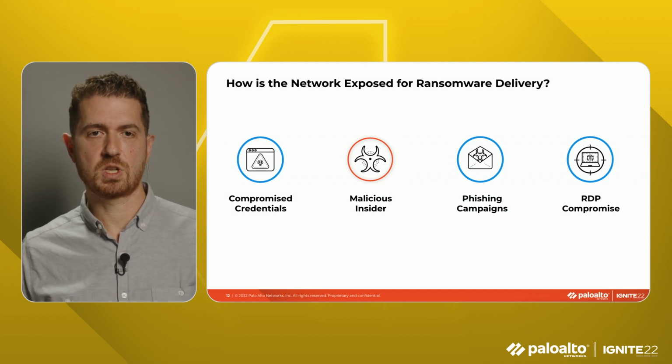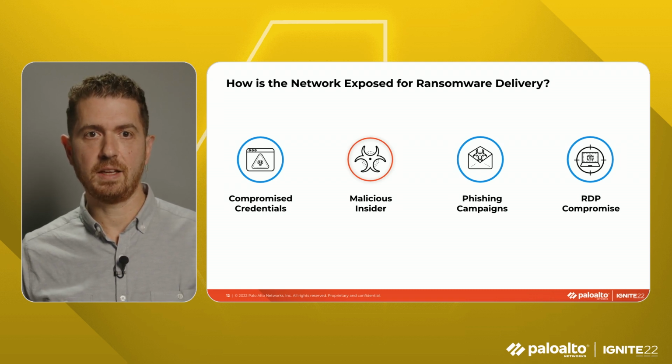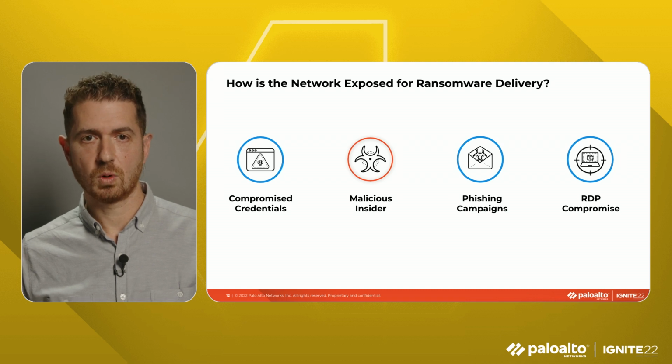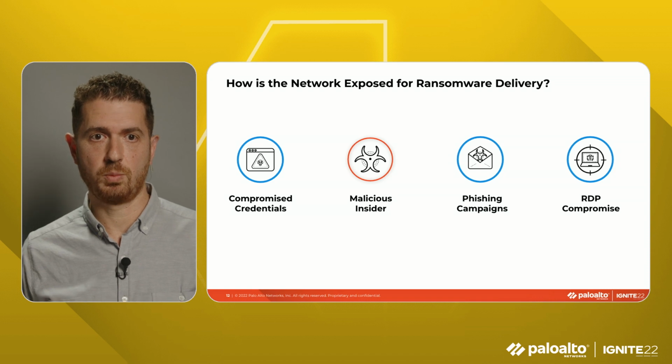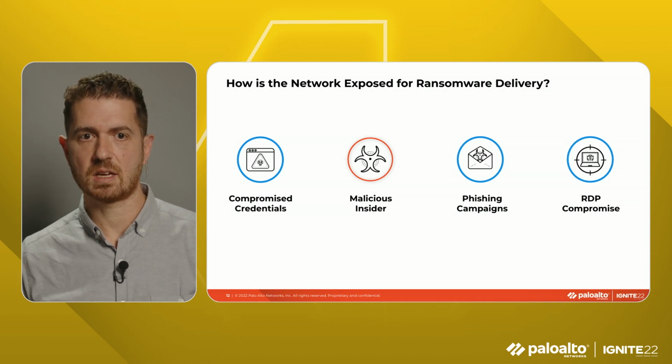Phishing campaigns, which focus on sending phishing links through email, text message, or many other methods to get either credentials or to download a payload, which can be used for exfiltration. And then finally, vulnerabilities such as RDP compromise, which are ways that attackers can come into your network through misconfigurations and gain access.